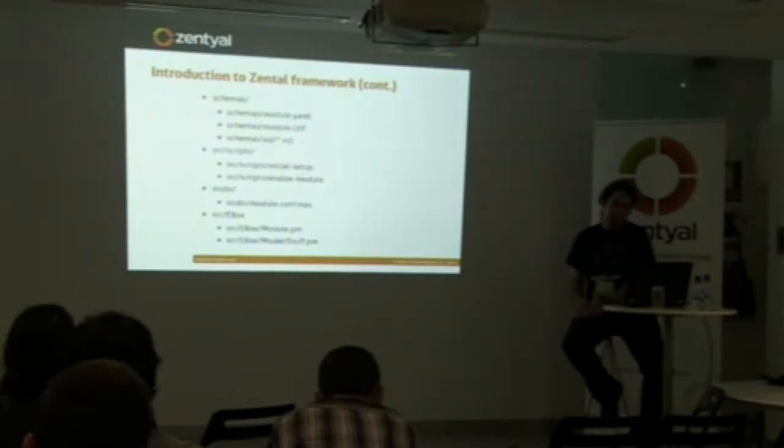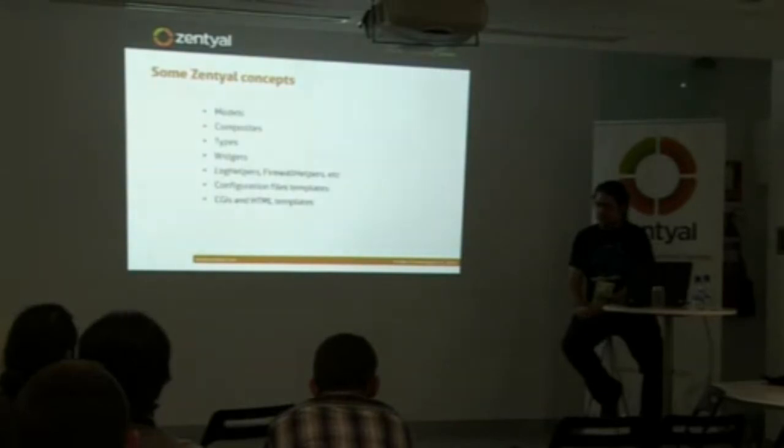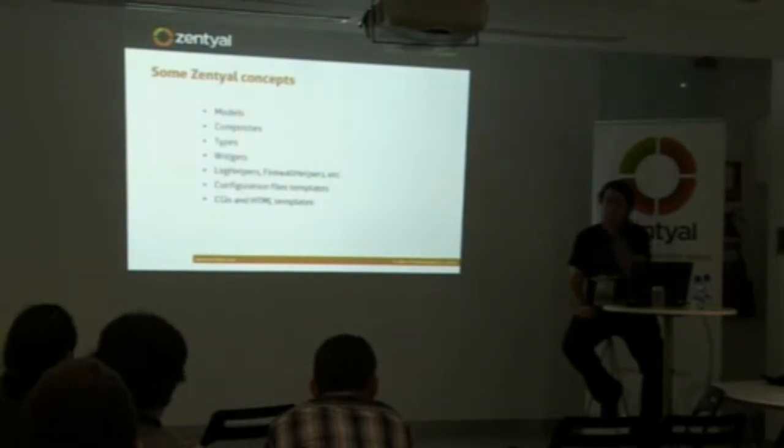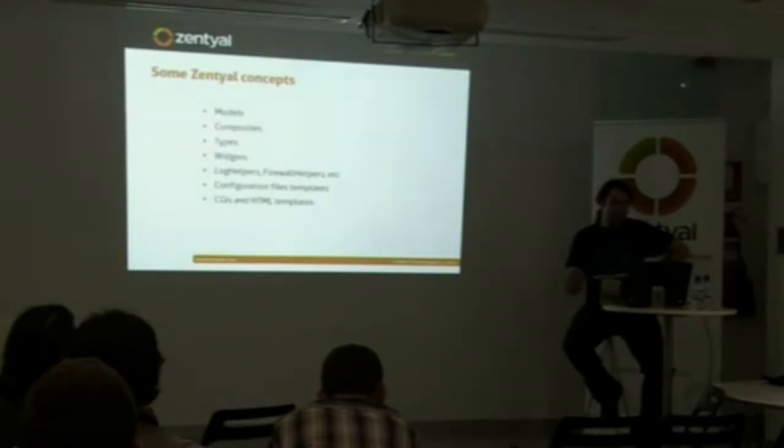Every module has to have a main class where most of the module code is written, and it also has classes for the models. I mean, as we are going to see, Zentyal has a model view controller framework, so you just write which data you want to store on a page of the Zentyal interface, on a form or a table, and you just say, well, I need one IP address type, I need an integer type, a text type, and you just specify that as we will see in the example.